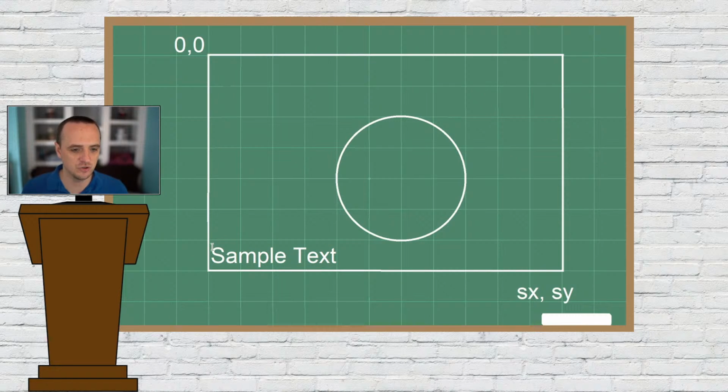If I wanted to draw it so that the bottom of the text aligns with the window, then what I have to do is set the Y, instead of setting it to just the height of the window, because again, Y increases downwards, I have to take Y and then subtract the height of the text, right? So this is the height of the text right here. And so I need to take Y, which is down here, subtract the height of the text, and that's where I put it.